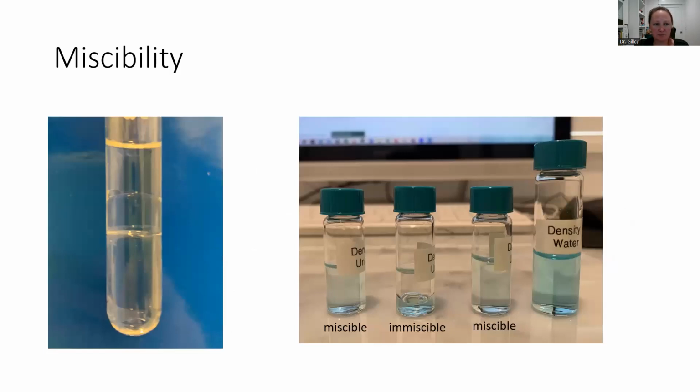Okay, so after we form our density tower, now we're going to be doing some testing on miscibility. First we want to test whether or not each of those substances, again substances A, B, and C, are miscible with colored water. We just make it colored water to make it a little bit easier to see.